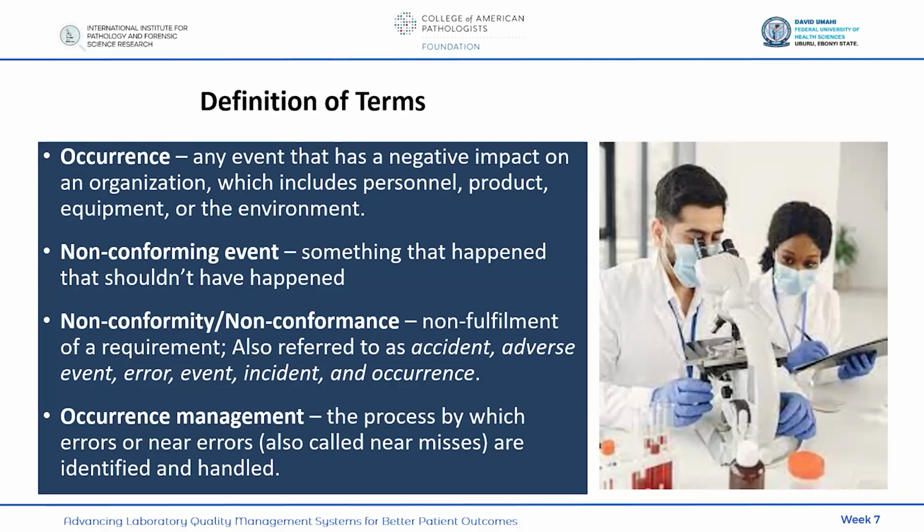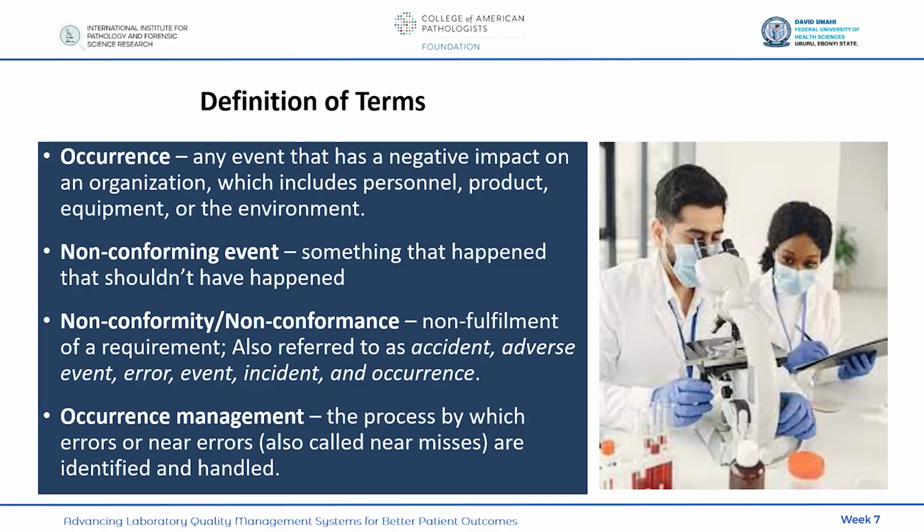So it's just something that can happen that shouldn't have happened. Yeah, okay. So non-conformity or non-conformance, okay, it means non-fulfillment of a requirement. Also, it can be referred to in layman's terms as an accident, okay, or adverse event, error or event, incident, and occurrence, okay?